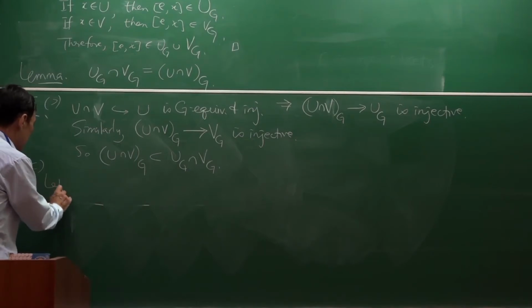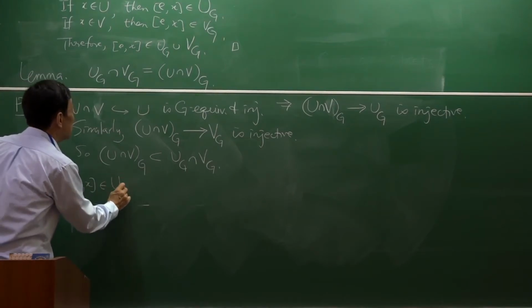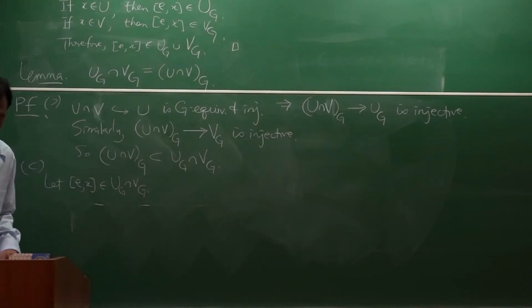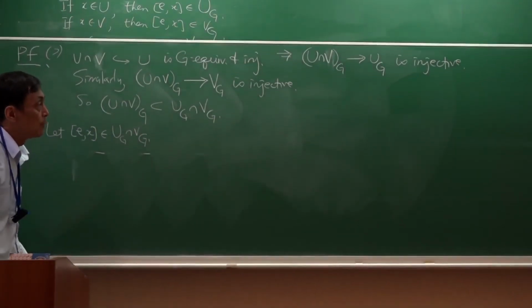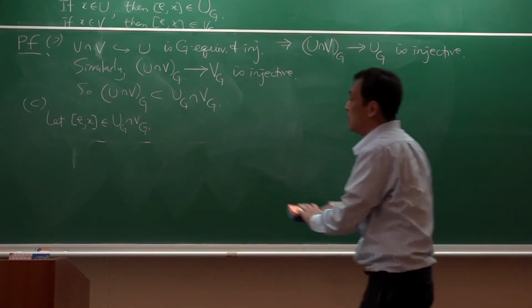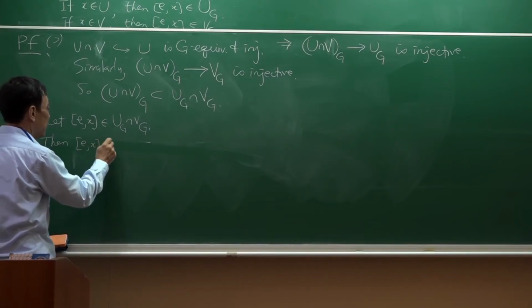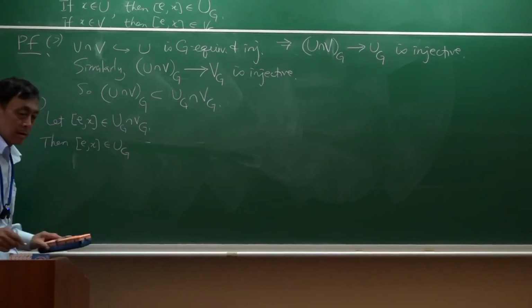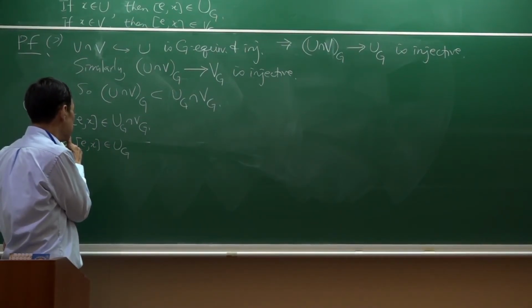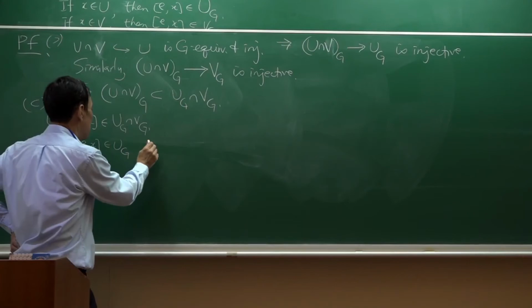So let [e,x] be in U_G intersect V_G. Then [e,x] is in U_G.